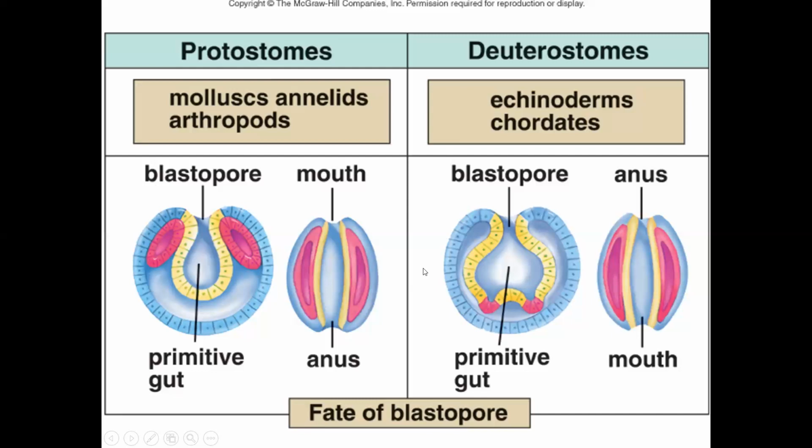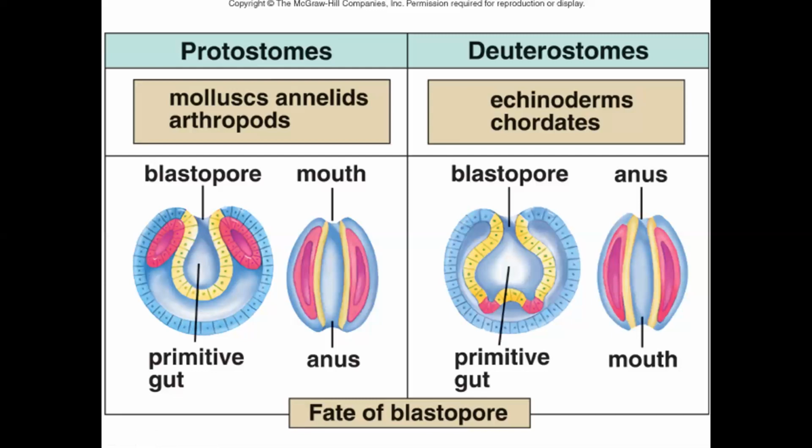But that's what will happen. The outside of that ball starts to turn in at a point into itself. And that opening created by that turning in is called the blastopore. And this pocket that's created by this turning in is the primitive gut.